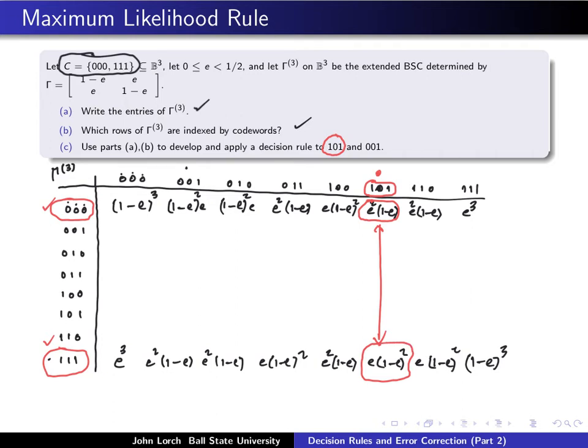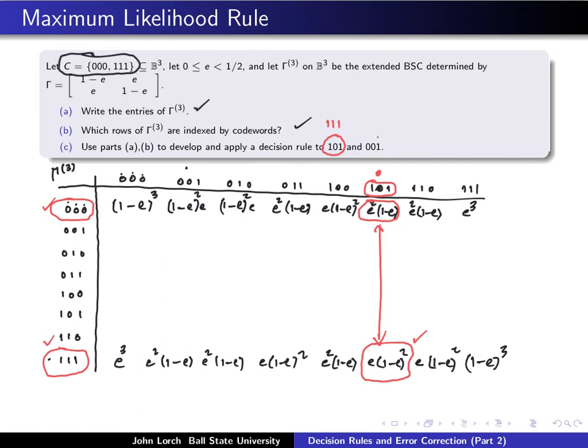And when that happens, 1 minus e will be bigger than e is. And so among these two numbers, this one, 111, is bigger. Okay, so that probability is bigger, and therefore I would select 111 as the code word that I assign to 101.